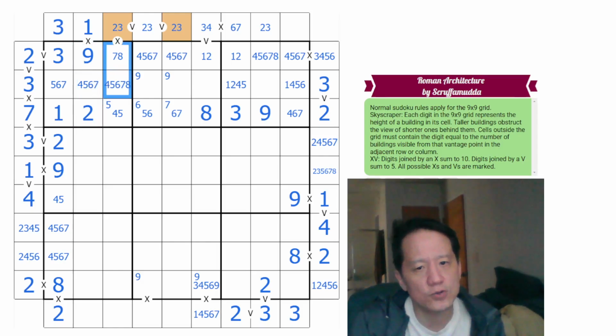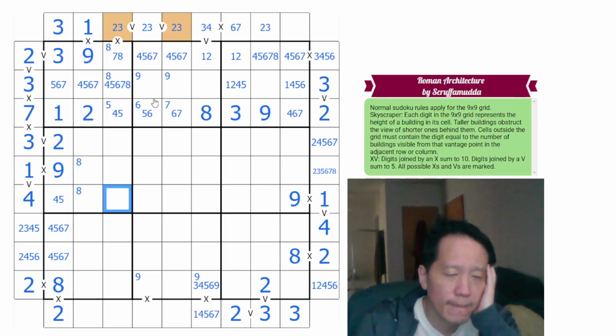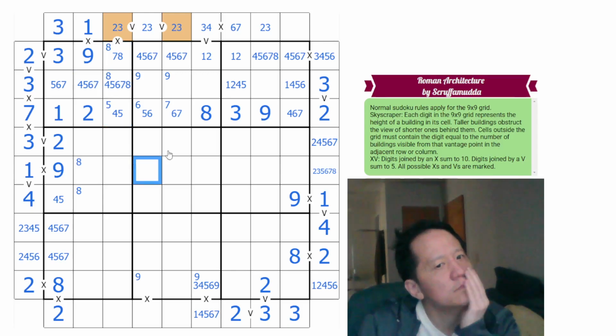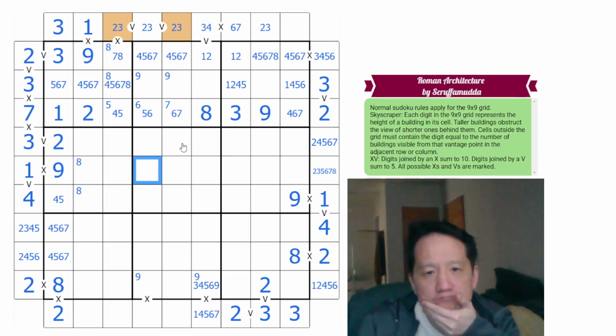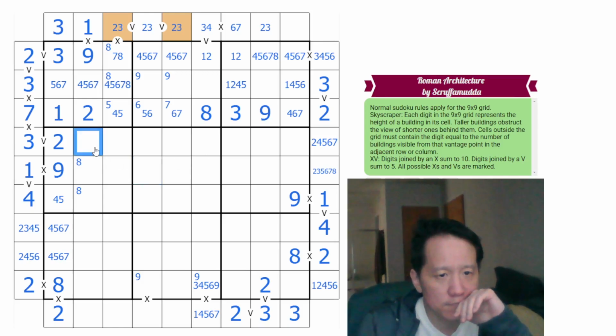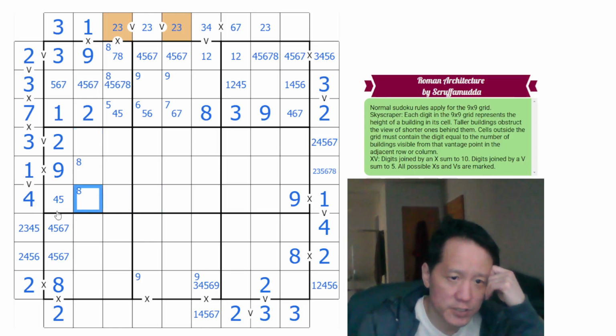So one of these two is 8 here. So this can't be 8. One of these two is an 8. This cannot be 8 because then this would not see 4 skyscrapers.